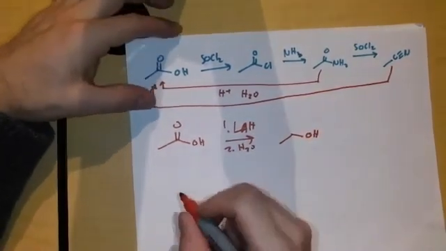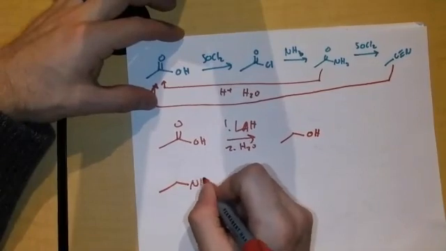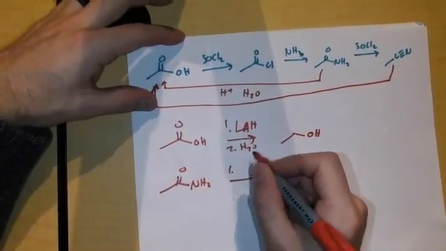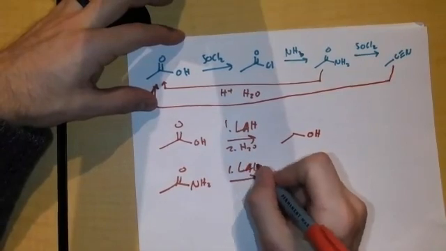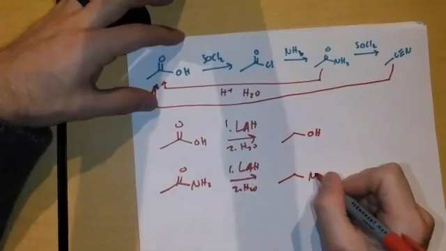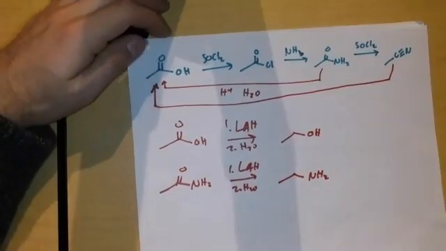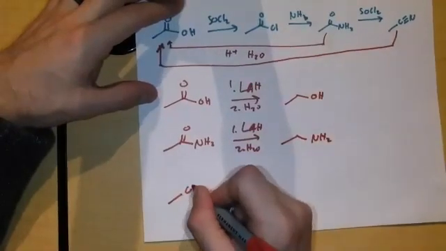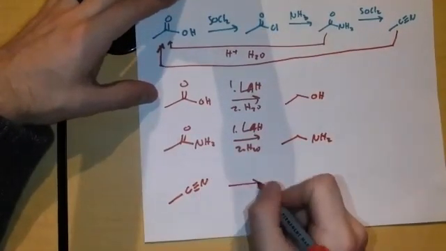You can do the same thing with an amide. You're going to reduce off your carbonyl and be left with an amine. And you can also do this with a nitrile.